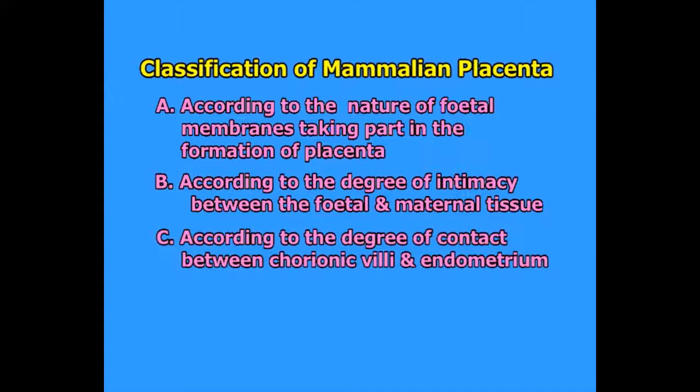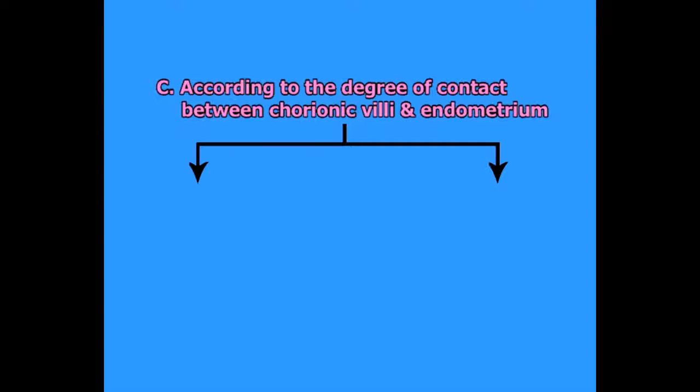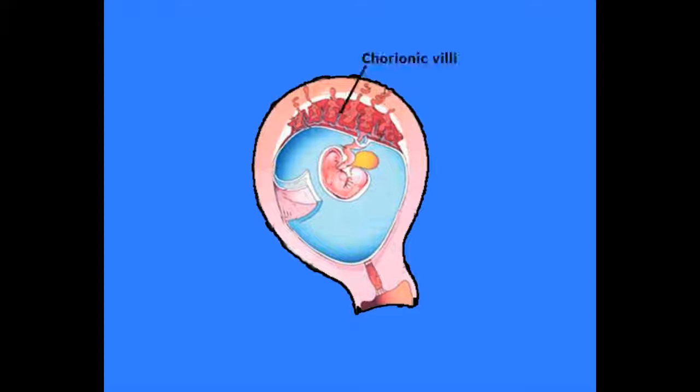Type C. According to the degree of contact between chorionic villi and the endometrium. Depending on the nature of contact between maternal and fetal components, 2 subtypes of placenta may be recognized. Number 1. Non-deciduate placenta. The chorionic villi are simple projections.